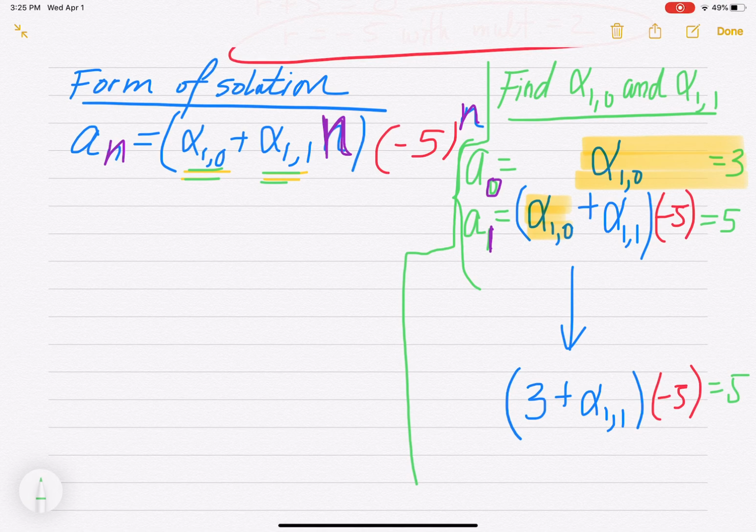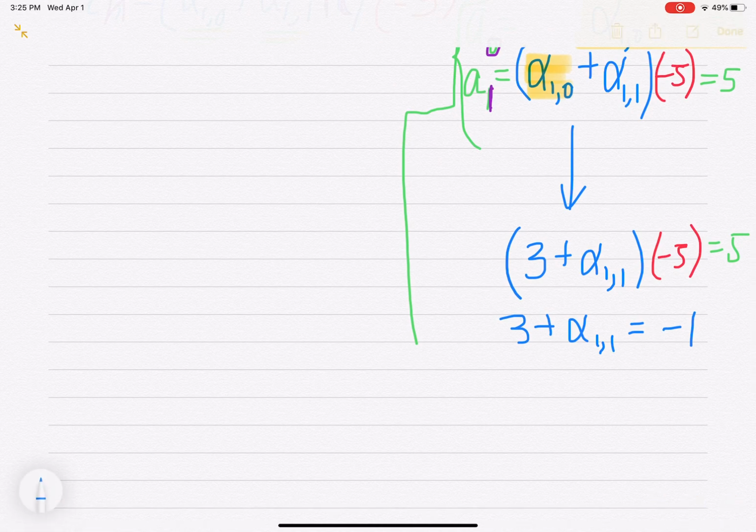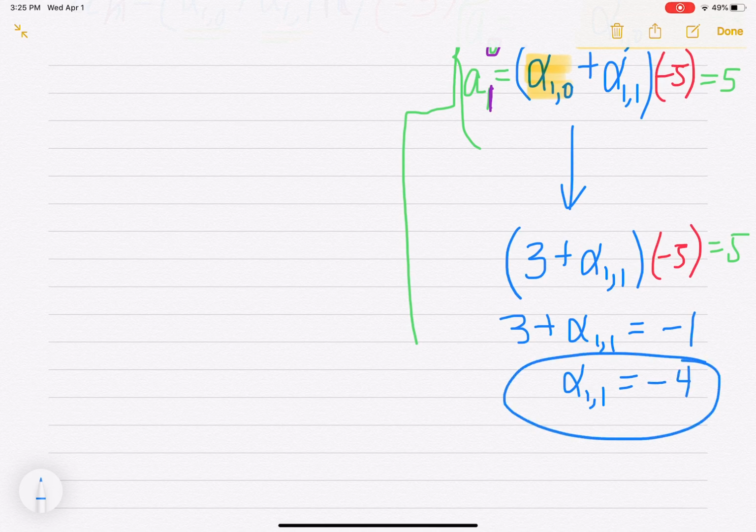Divide both sides by negative 5: 3 plus alpha_{1,1} equals negative 1, since 5 divided by negative 5 is negative 1. Then subtract 3 from both sides and you get alpha_{1,1} equals minus 4. So alpha_{1,0} is 3, which we had earlier, and alpha_{1,1} is minus 4.